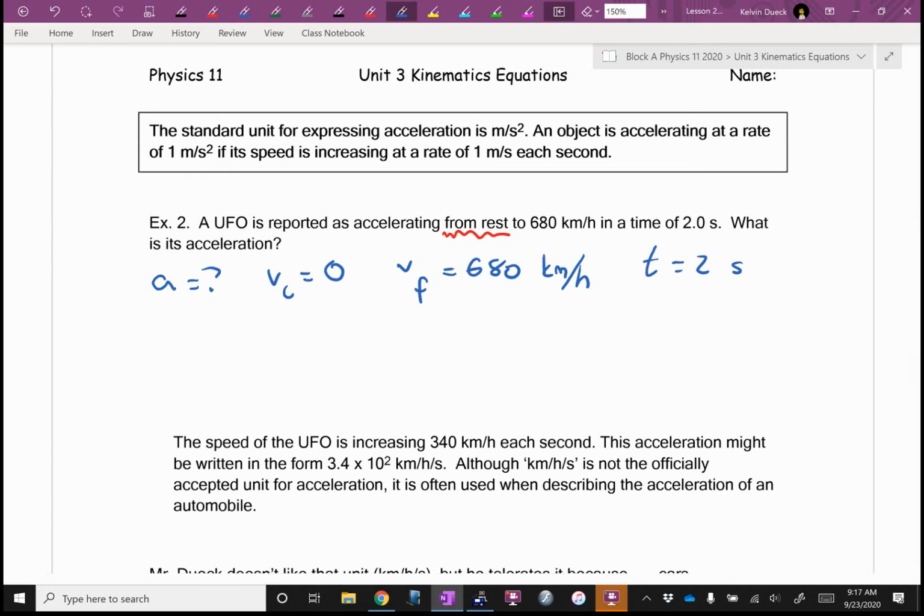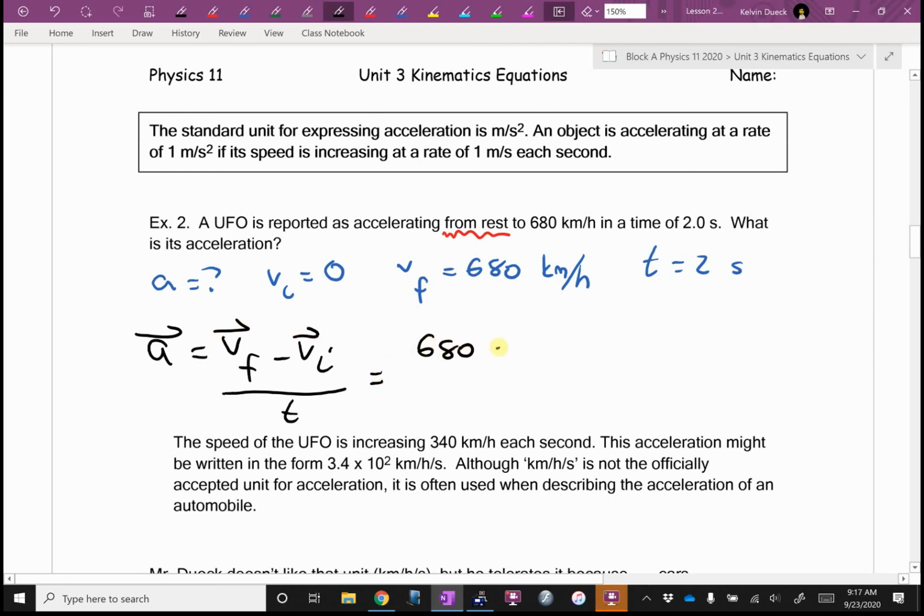If we just crunch this, A equals VF minus VI over T, with the only equation we currently have, we would get 680 minus 0 all over 2. And I can do this in my head as well. I don't need a calculator because it's 680 divided by 2.